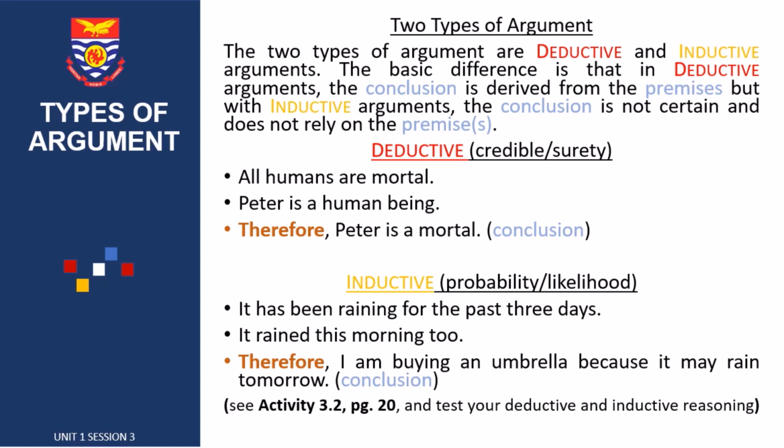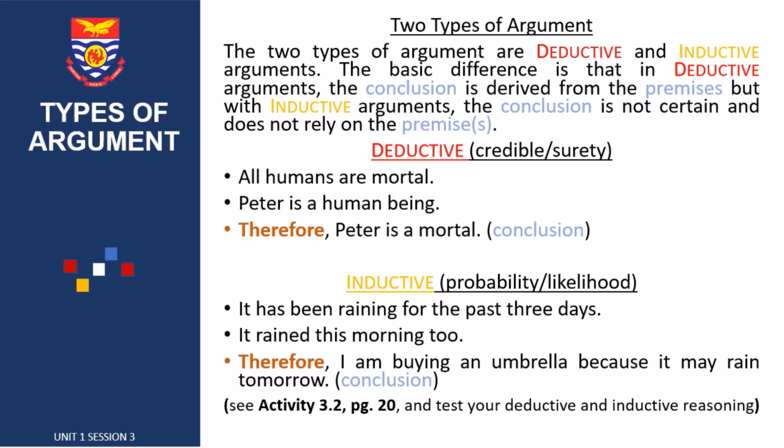Let's look at inductive arguments. Now the example for inductive, which is based on likelihood or probability, says it has been raining for the past 3 days. It rained this morning too, therefore I am buying an umbrella because it may rain tomorrow. You can see clearly that the person is trying to predict that there may be rain tomorrow.